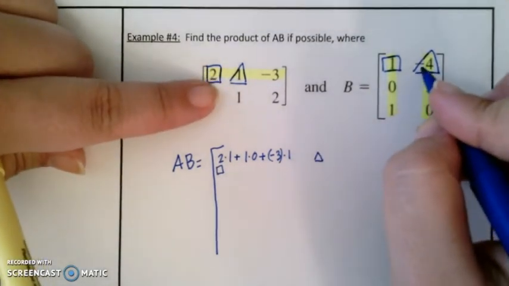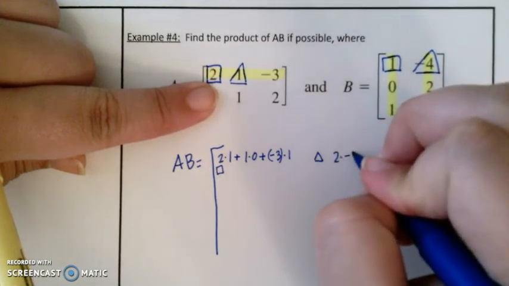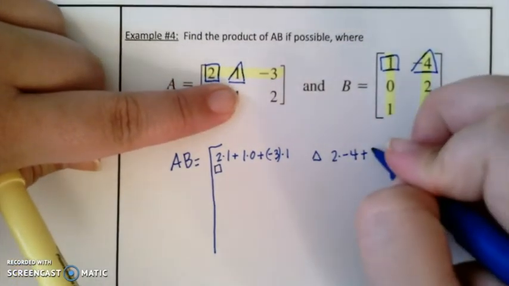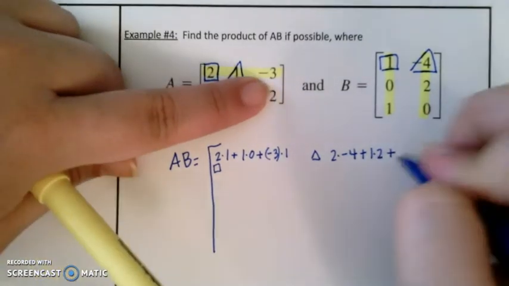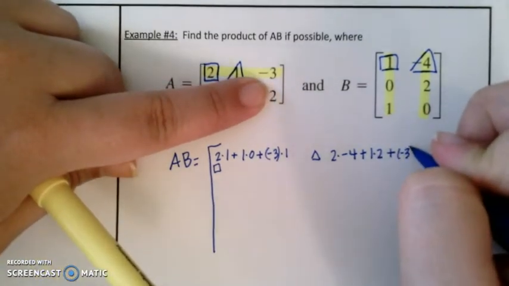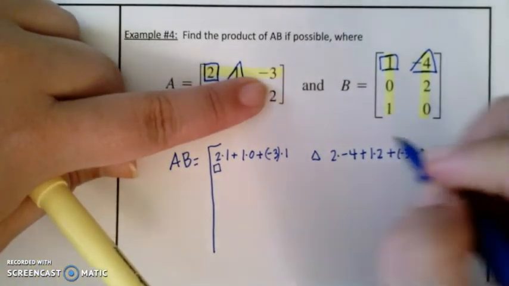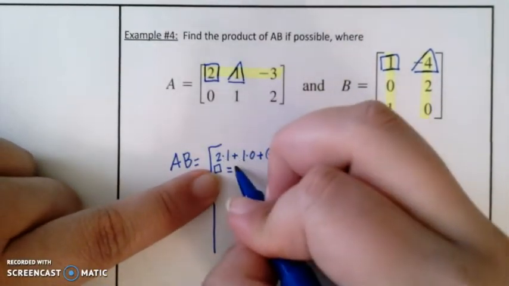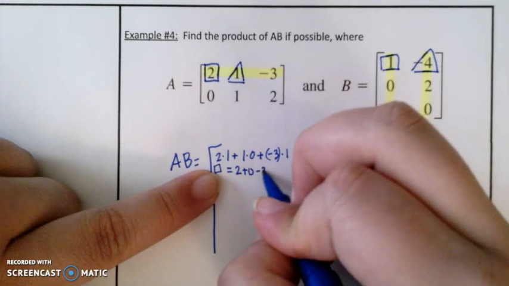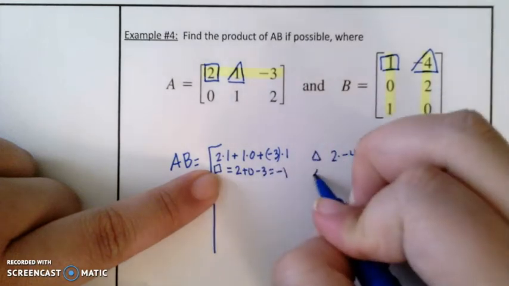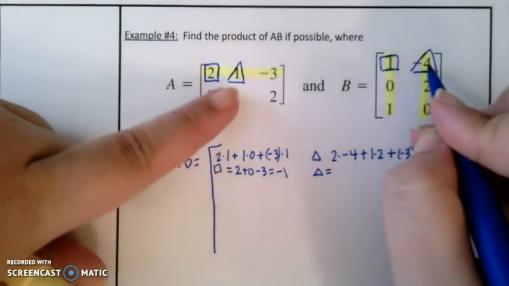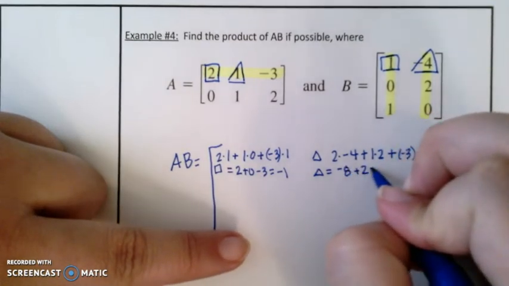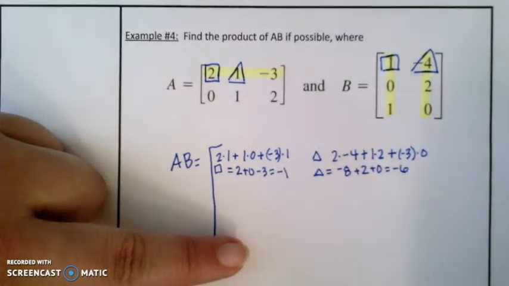So 2 times negative 4 plus the second part, 1 times 2 plus negative 3 times 0. So my box equals 2 plus 0 minus 3, which is negative 1. My triangle element equals negative 8 plus 2 plus 0, which is negative 6.